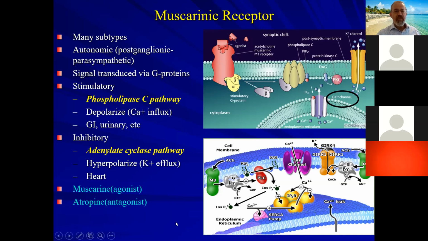The agonist for the muscarinic receptor is muscarine. Remember, it mimics the effect of acetylcholine. The antagonist for the muscarinic receptor is atropine. Many of you, I'm sure, have had some clinical experience volunteering or working in hospitals or clinics. Atropine is a commonly used drug. It's a parasympathetic inhibitor, obviously an antagonist, by blocking acetylcholine.